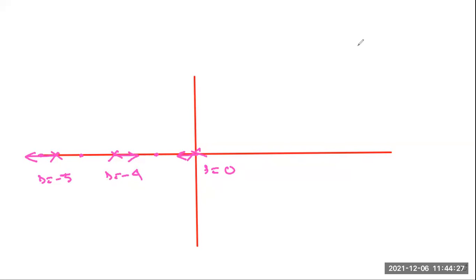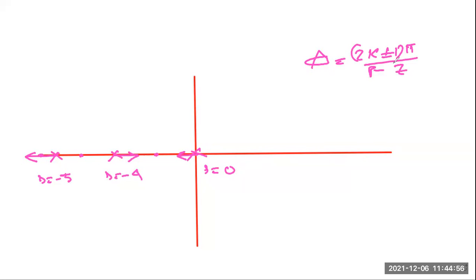What is the value of phi? (2k plus 1) into pi divided by p minus z.